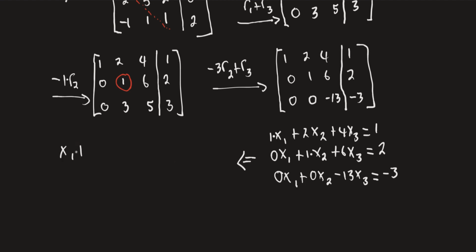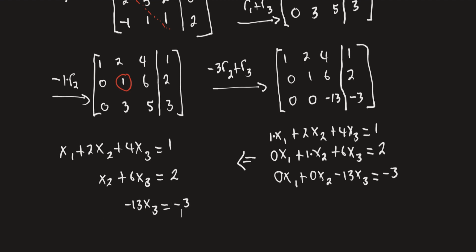We just write x1 plus 2x2 plus 4x3 is equal to 1. And then we write x2 plus 6x3 is equal to 2. And then in the third equation, -13x3 is equal to -3. And the reason I'm showing this is just to emphasize the equivalence. In other words, going from one form to the other is useful for different things.